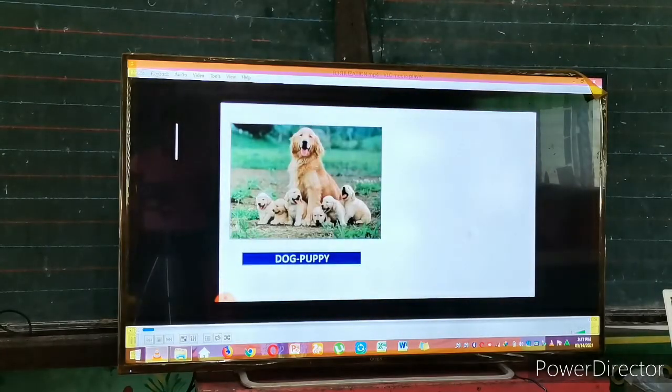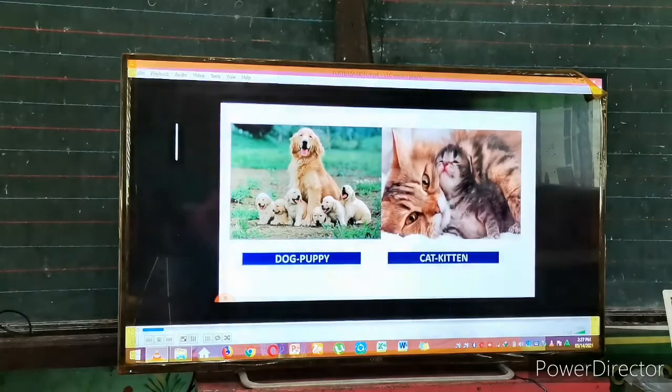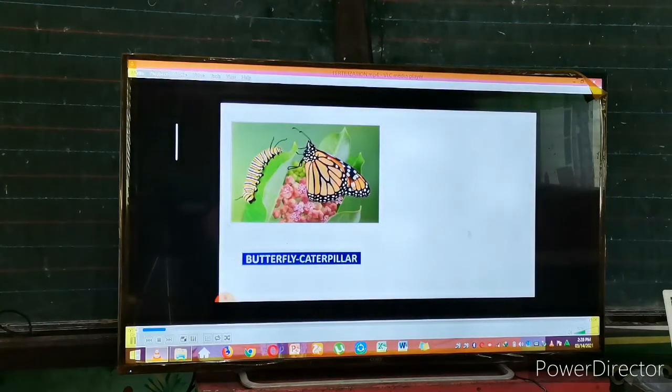Ang susunod na makikita ninyo ay pictures ng parent animal kasama ng kanilang young ones. Bali nanay kasama ng mga anak. Pay attention sa name ng mga young ones. So we have dog and its puppies, cat and its kitten, butterfly with its caterpillar.